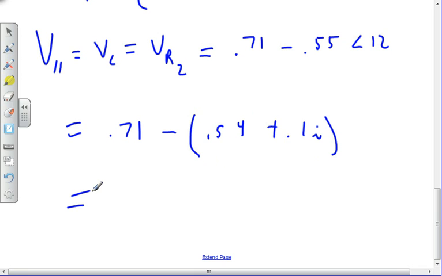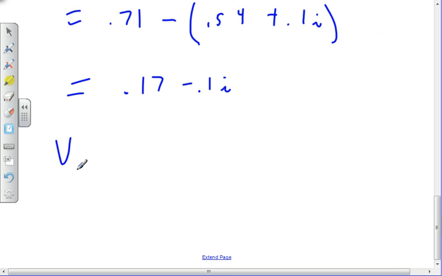Okay, so it's going to be 0.71 minus 0.54, 0.17 minus 0.1 I. That's the voltage across the parallel path. 0.17 XY key 0.1 with a minus sign, third function, changed to polar.